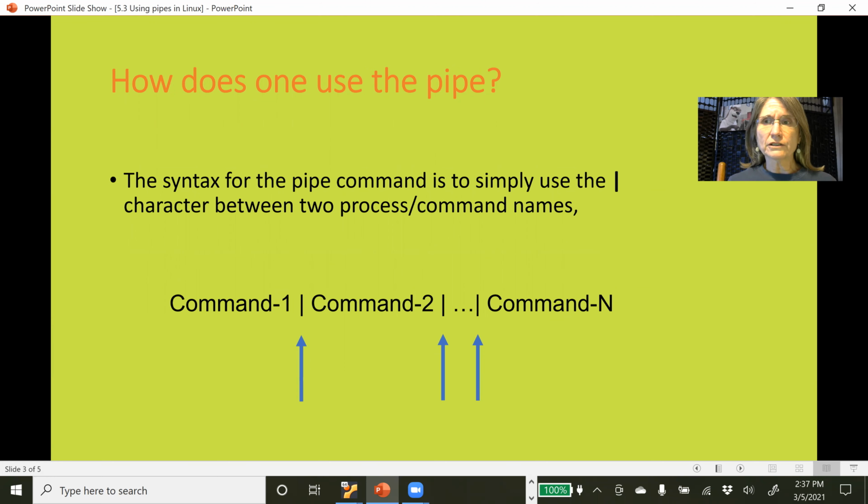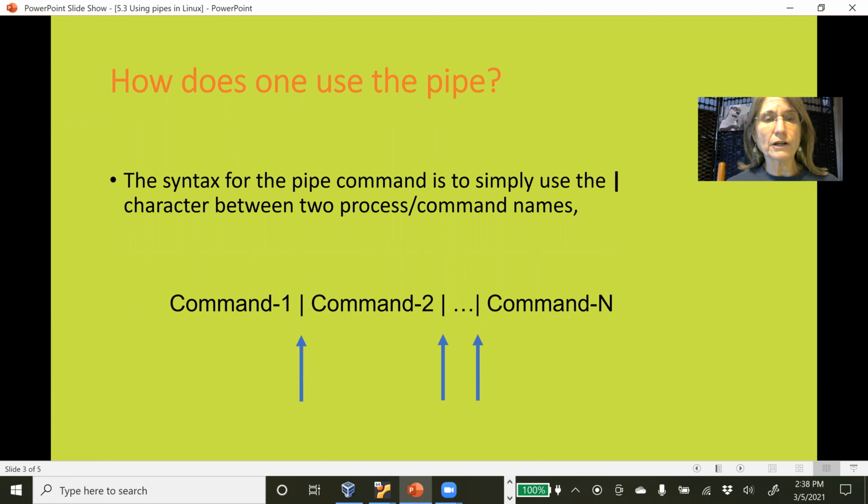The syntax is very straightforward. You simply use the pipe character, which is on your keyboard, shift key on the backslash key.